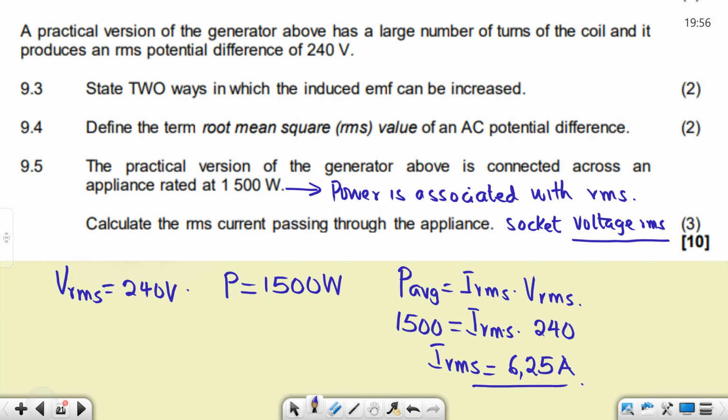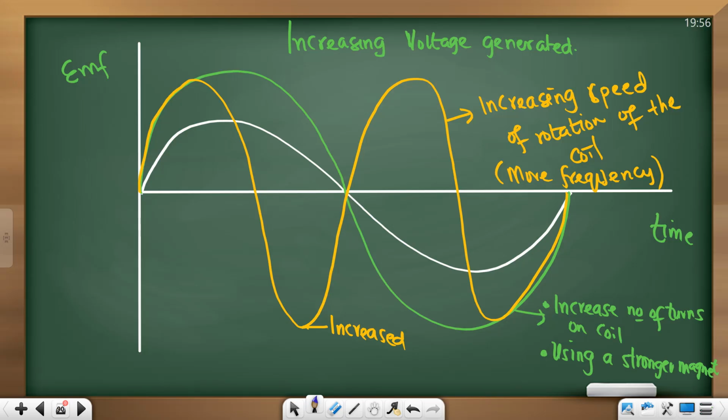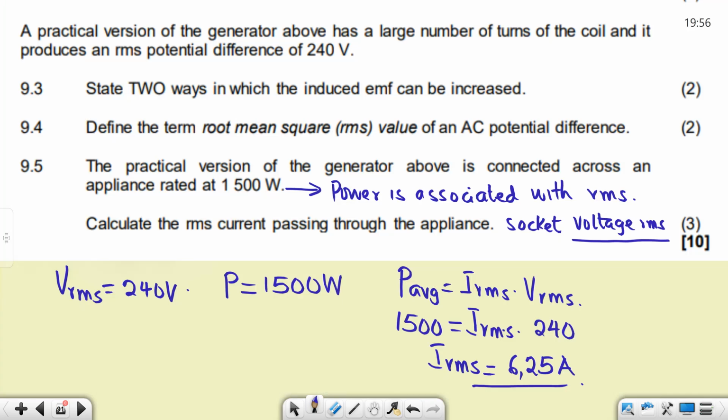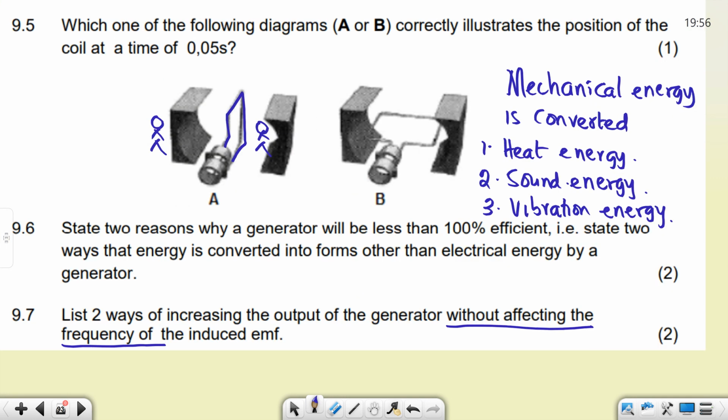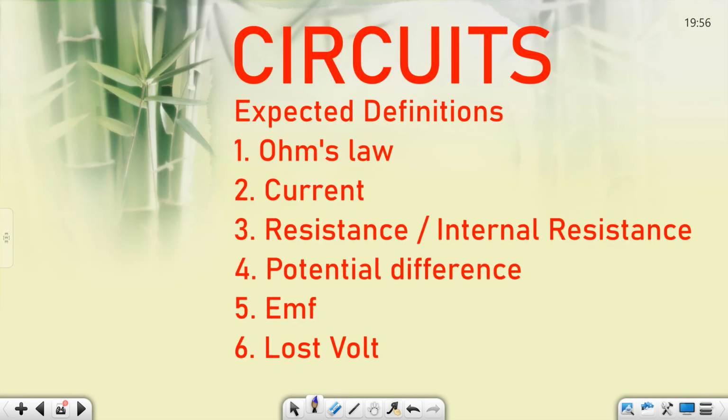Which one are we going to mention? The one at the bottom. Increase the number of turns on the coil and use a stronger magnet. Once you say rotation, it affects frequency. That was answered long before we even got here.